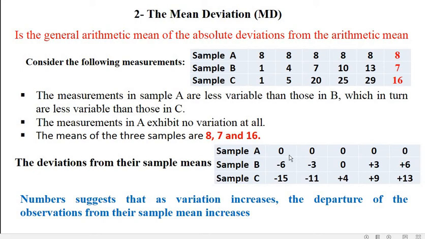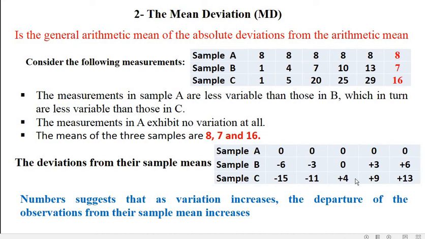Here the variation is 0, here we have more variable, and here we have more variable data than B. Sample C is more variable.